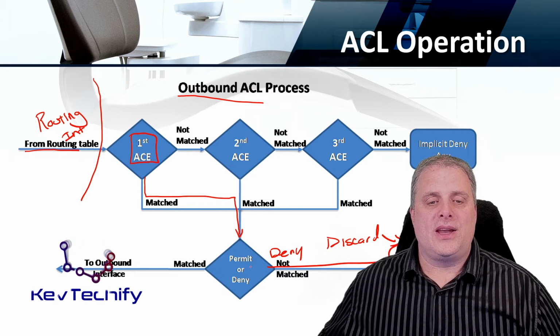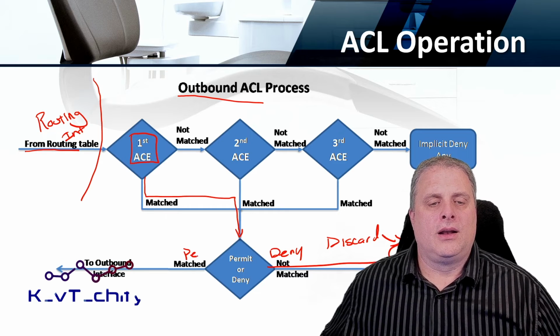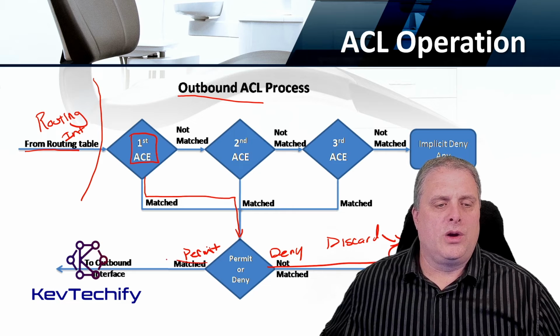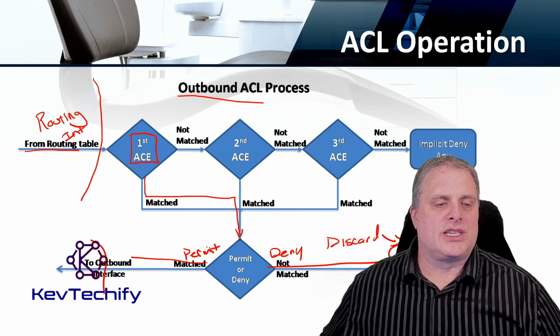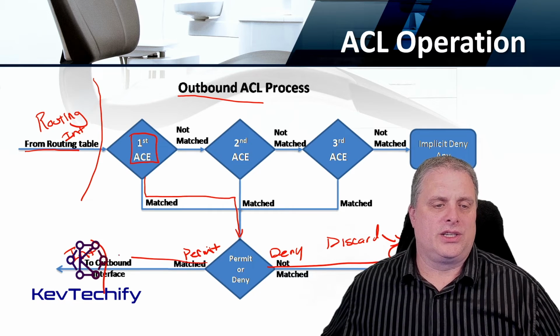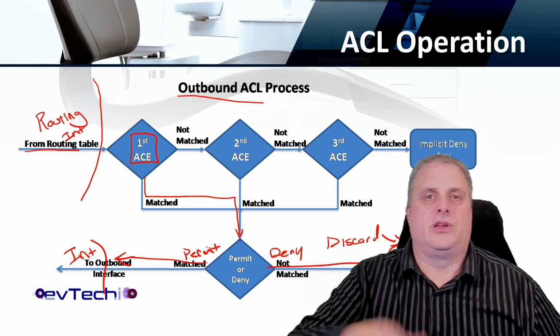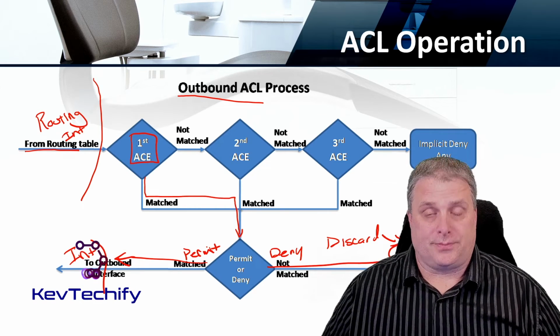But if it's permitted, then when it's permitted, we can go this way, and then we actually send it to the interface. It actually goes to the interface and is sent across the network to the next routing device or to the switch to be delivered to its final destination.